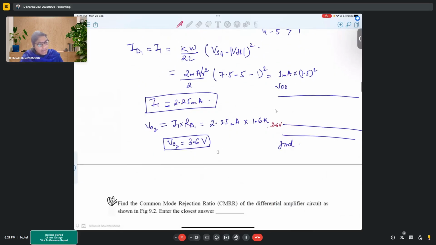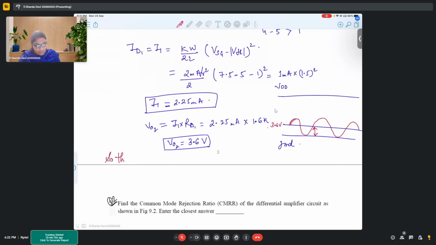Now, if I have to fit in a sine wave, what is the maximum swing that I can obtain? See, the swing is always symmetric across your DC point, right? So the maximum swing is limited by this ground node. So this is the swing that you will obtain.